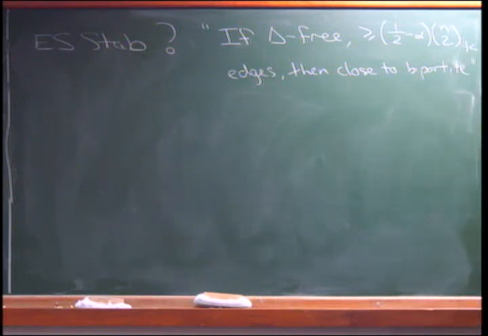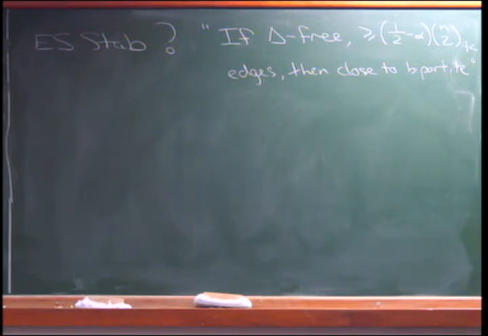So we do the same thing in the random graph again. Suppose you have a random graph G(n,p), and you take a subgraph of it that's triangle free and has almost half of the edges of G(n,p). Must it be close to bipartite? And for which p? This says it's true when p equals 1.